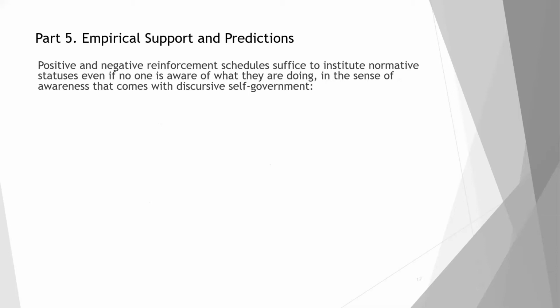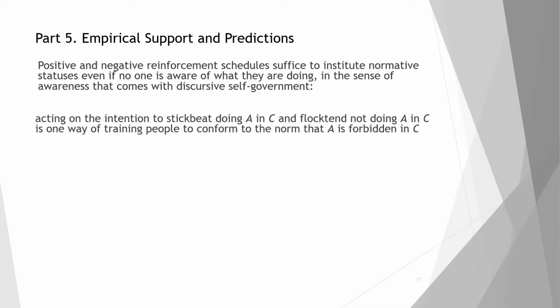Furthermore, positive and negative reinforcement schedules instituted by shared intentionality suffice to set up normative statuses, even if the people engaged in that shared intentionality don't know what they're doing, or aren't aware of what they're doing in the sense of awareness that comes with discursive self-government.